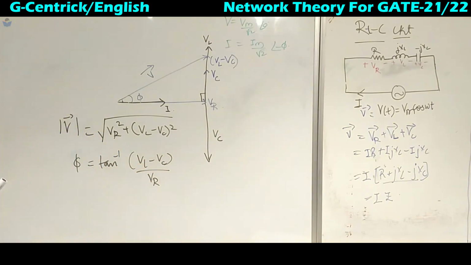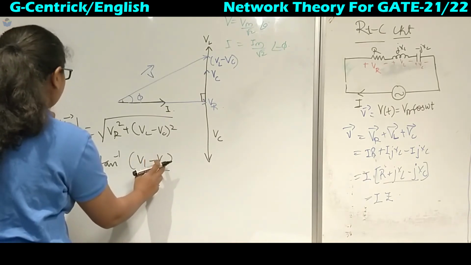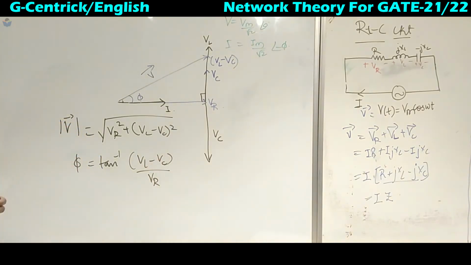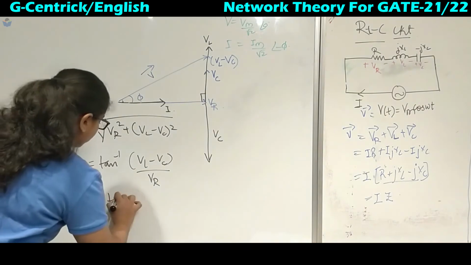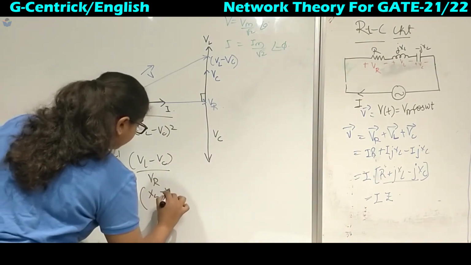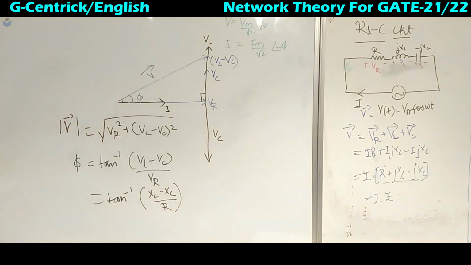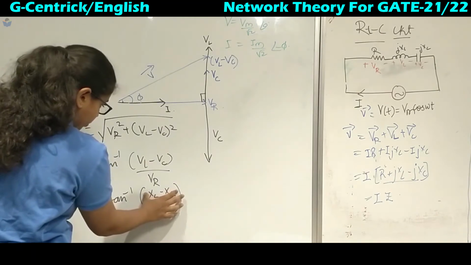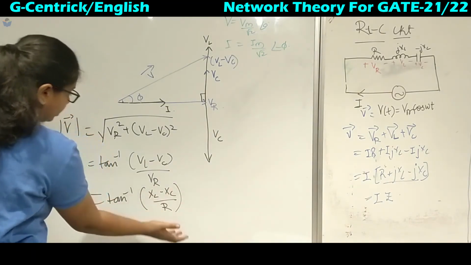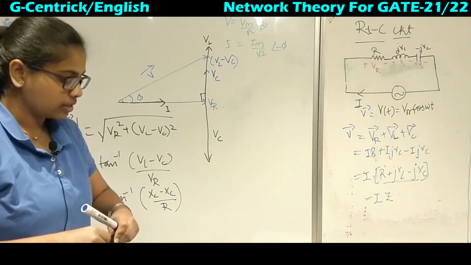When you take I common, I into XL minus I into XC upon I into R, the I gets cancelled. So again the angle will be tan inverse of (XL minus XC) upon R, imaginary upon real. This includes j terms, so it will be the imaginary upon the real part. So this is about the RLC circuit.